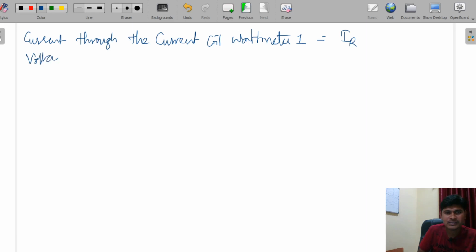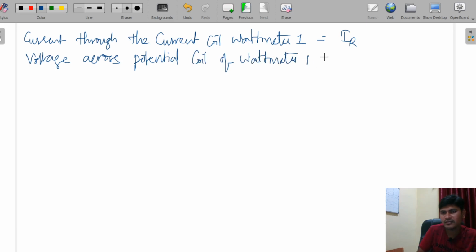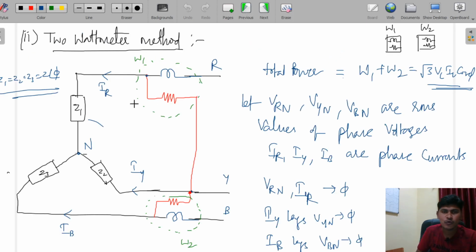What is the voltage across the potential coil of wattmeter 1? As it is connected between this line and this line, the potential coil measures the voltage between these two lines, that is VRY.